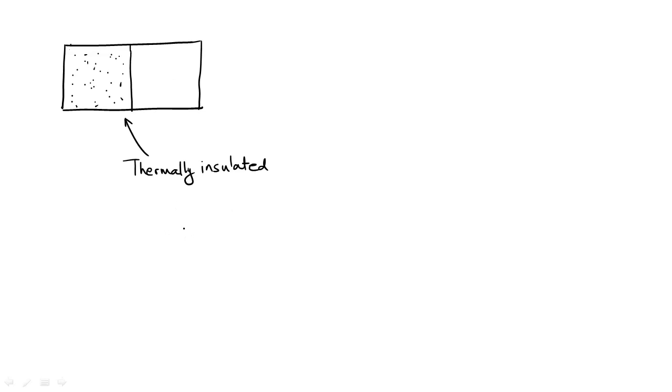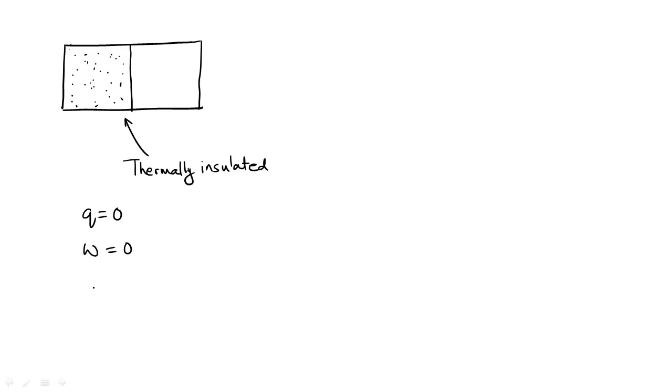Since the chamber is thermally insulated, there is no heat flowing in or out of the system. So Q is 0. The gas expands against a vacuum. This was initially evacuated, then there was nothing in there. So the work done by the gas is 0.